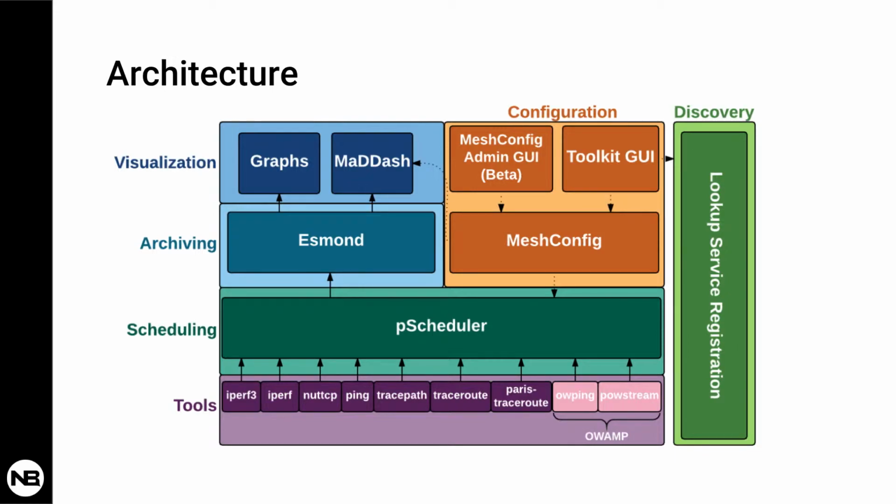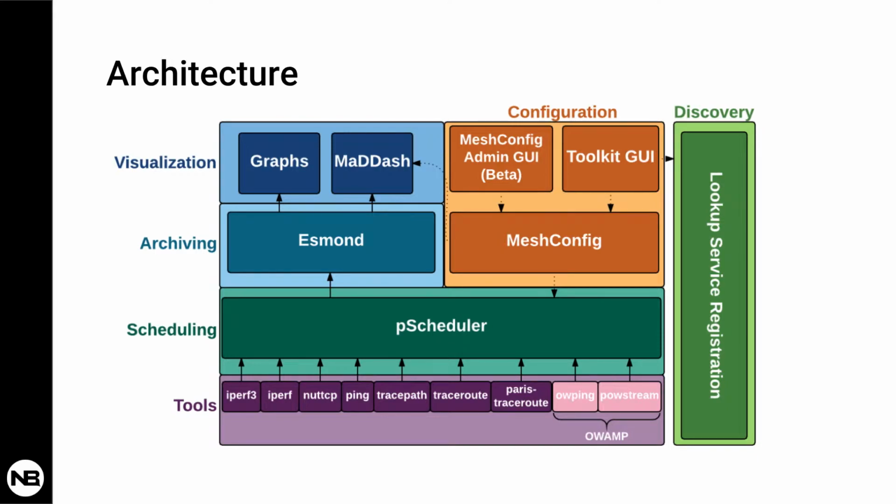And then there is also data such as configuration settings that is saved on an SQL type of database. So it's a really hybrid architecture. And the upper layer is also the MaDDash. You can see in a grid format the tests that run between two endpoints or two perfSONAR nodes, and it's very similar to the NetBees grid view, if you're familiar with that.